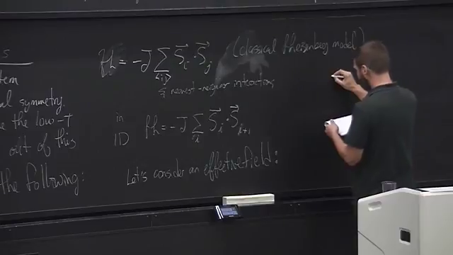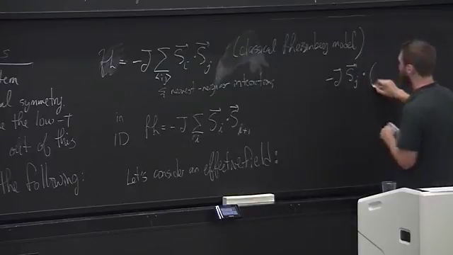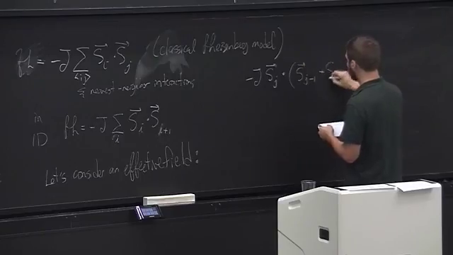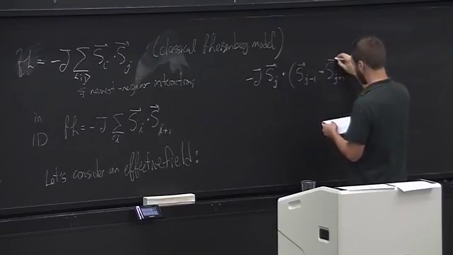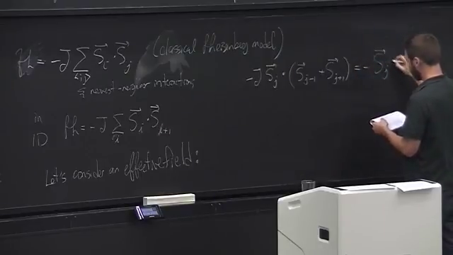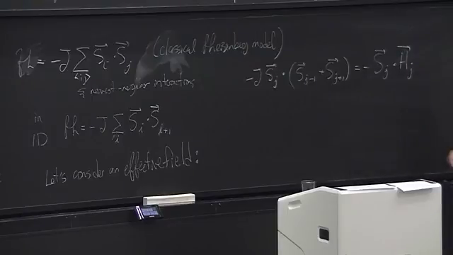The effective field for site j is going to depend on its two neighbors, j minus 1 and j plus 1.